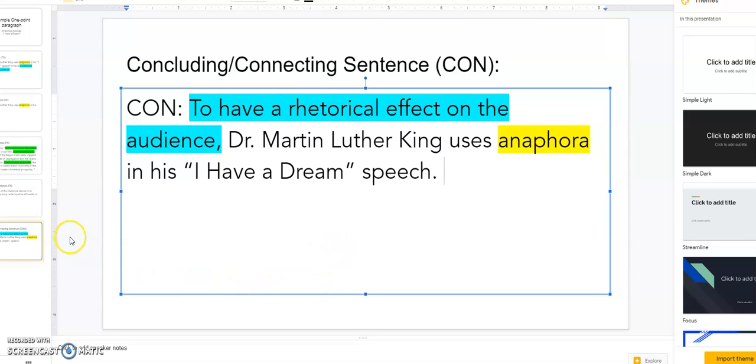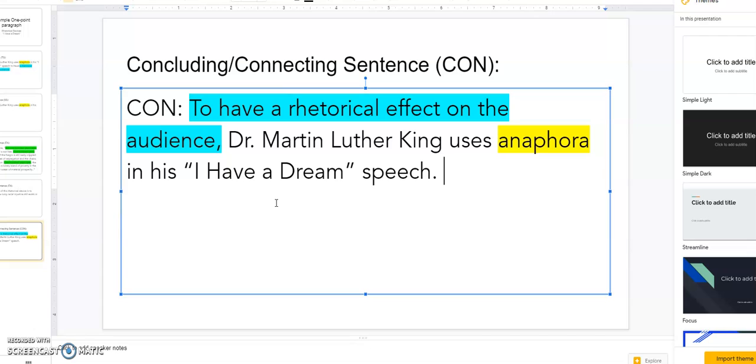And there we go. So this is an example of a one-point paragraph discussing one rhetorical device in Dr. Martin Luther King's I Have a Dream speech.